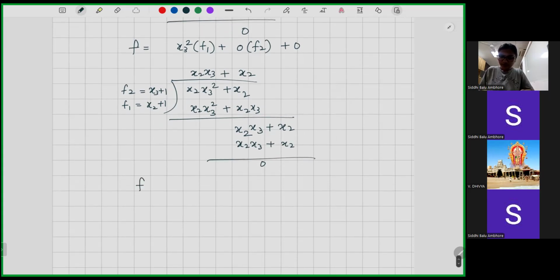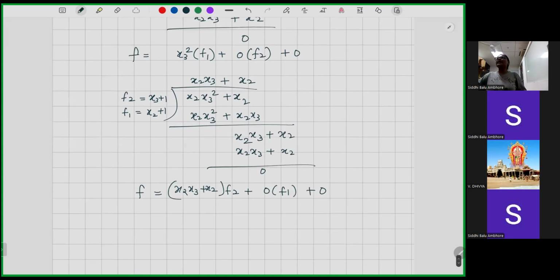So now f is x2 into f2 plus 0 into f1 plus 0. So these ai, fi, and in some cases r, might change.